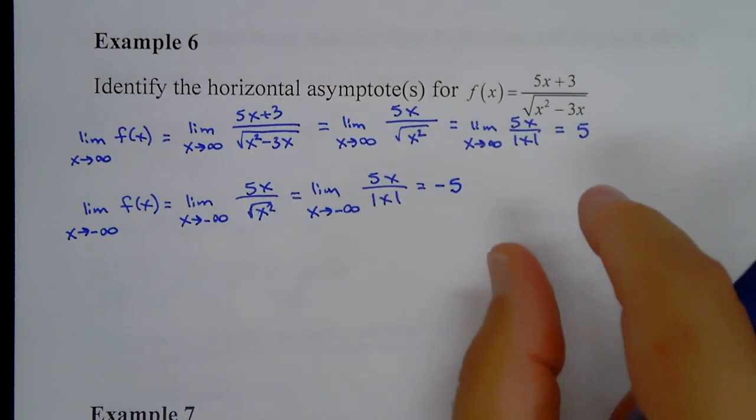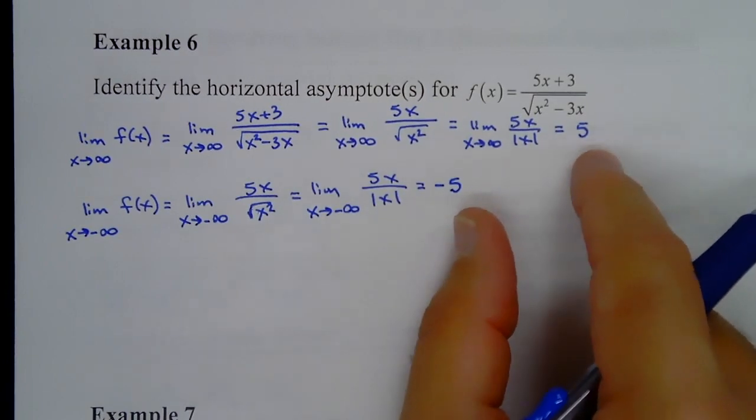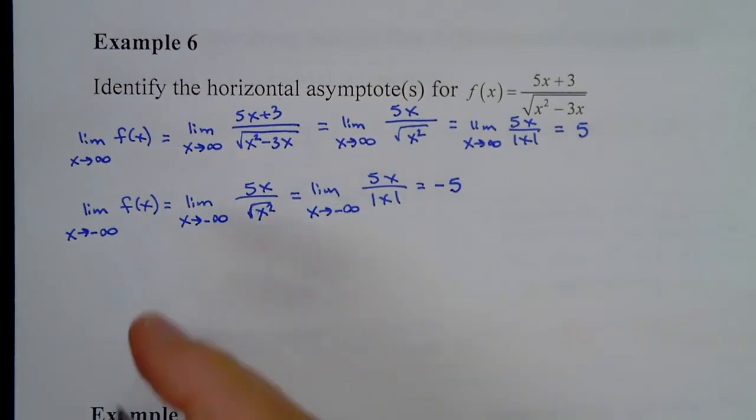All right, so because both these limits came out to be number values, we know that there are horizontal asymptotes.